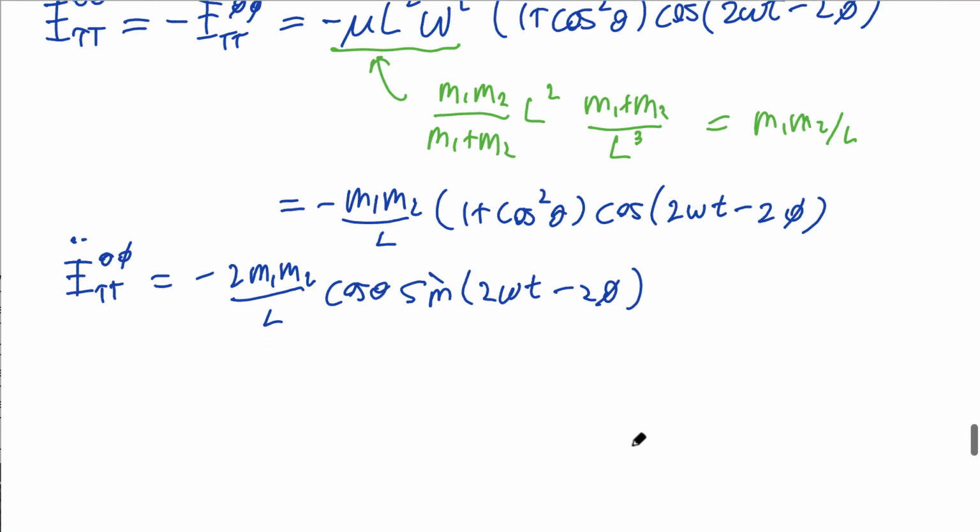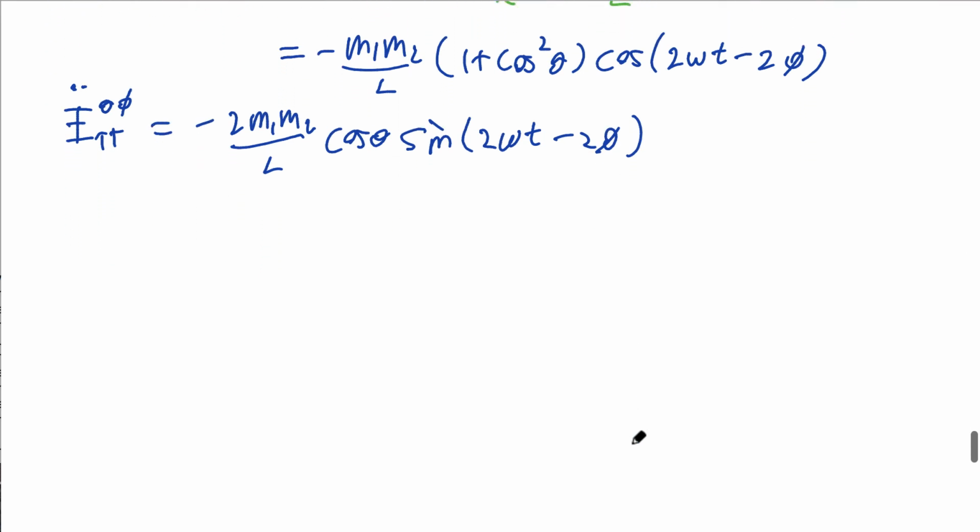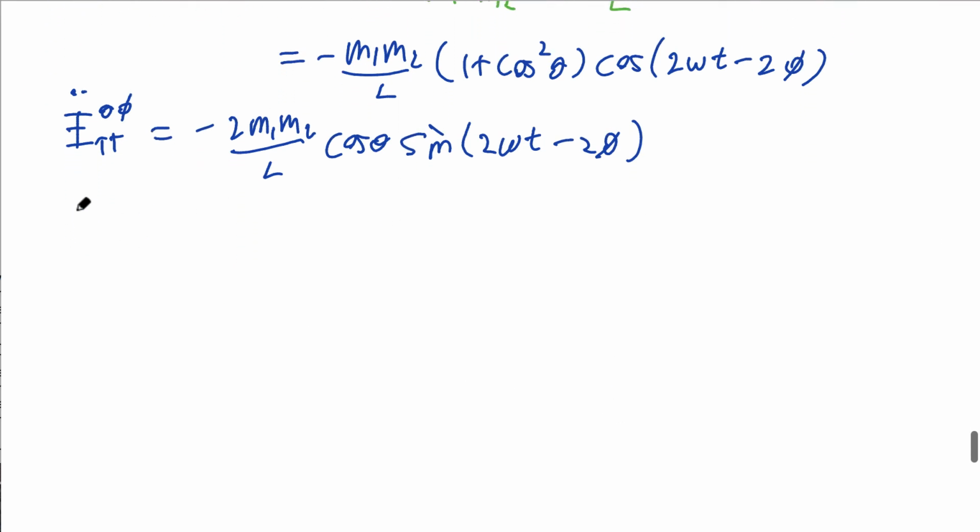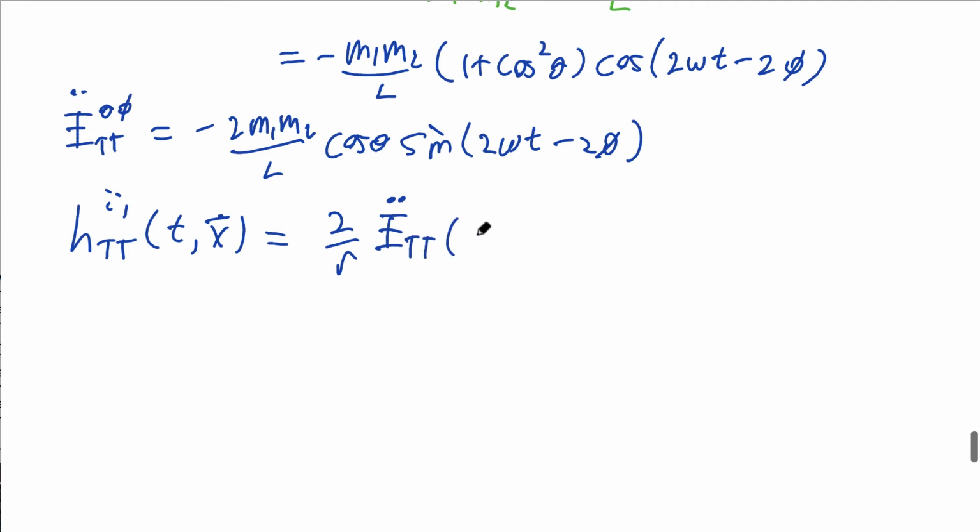And now we're finally ready to write down the metric perturbations in TT gauge. Recall they're given by h TT ij at the observation point x at time t is equal to 2 over r, where r is the distance from the source to the observation point, times the second time derivative of the TT projection of the reduced quadrupole moment, evaluated at the retarded time.